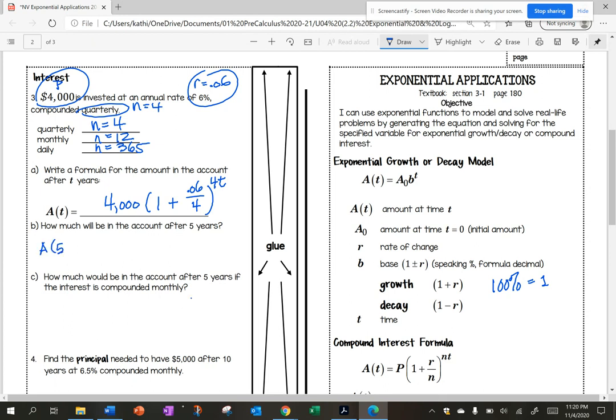So A at t equals 5 is 4,000 times 1 plus 0.06 divided by 4, to the 4 times 5. So I get $5,387.42. Since we are talking about money, we're going to round to pennies.